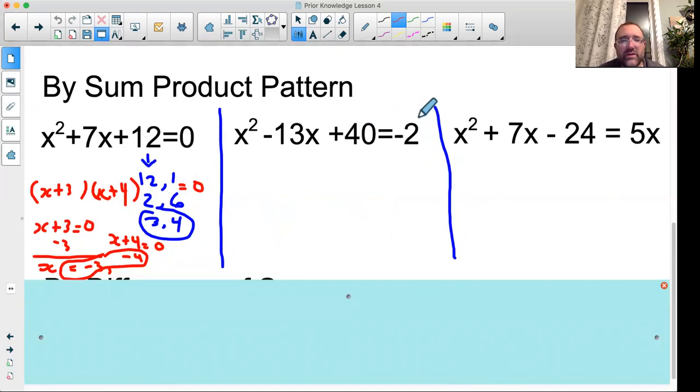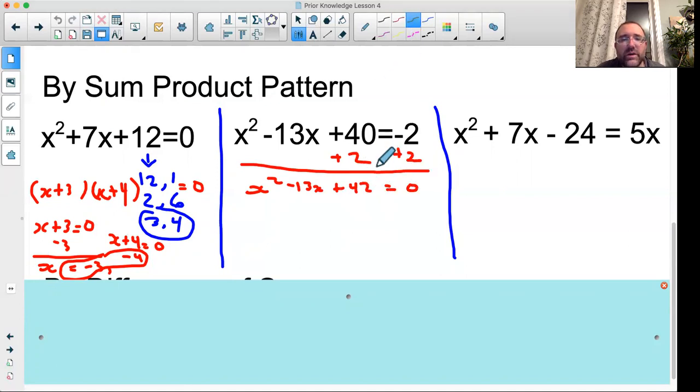Because the right-hand side is negative 2, you want to make that equal to 0. So I'm going to add 2 on both sides. That's the first step: x squared minus 13x plus 42 equals 0.